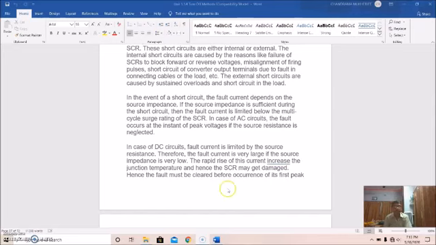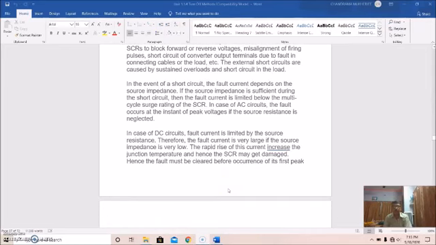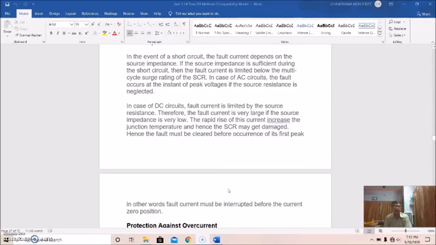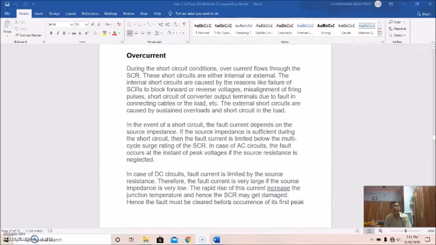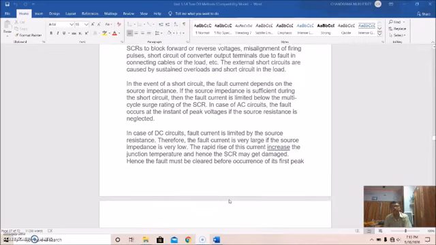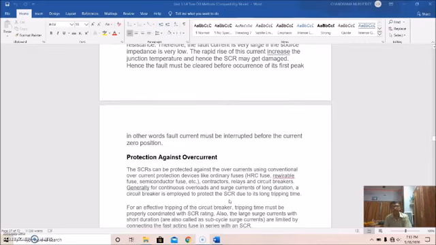The rapid rise of this current increases the junction temperature, and hence the SCR may get damaged. So the fault must be cleared before the occurrence of its first peak. In other words, the fault current must be interrupted before the current zero position. So this is the overcurrent and its effect.